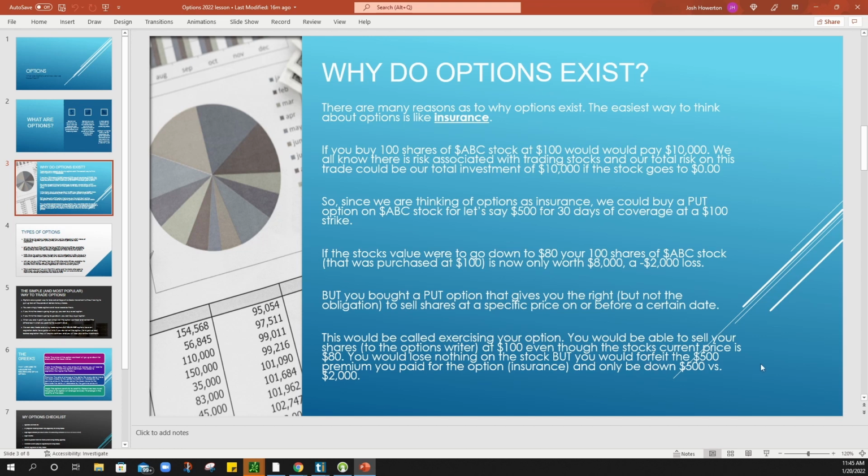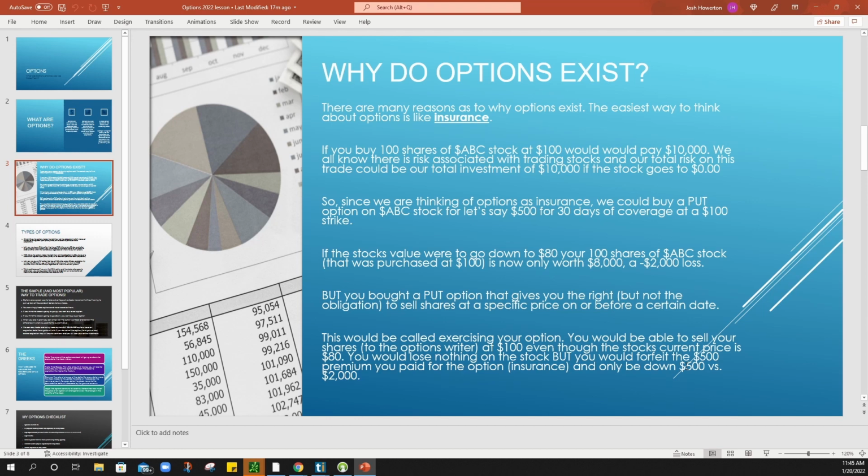So what's better in this example? Having a $10,000 investment in Tesla and potentially being down $2,000, or investing $10,000 in Tesla plus an additional $500 of insurance, where in this scenario you wouldn't be down $2,000, you'd only be down $500? That's a $1,500 difference.